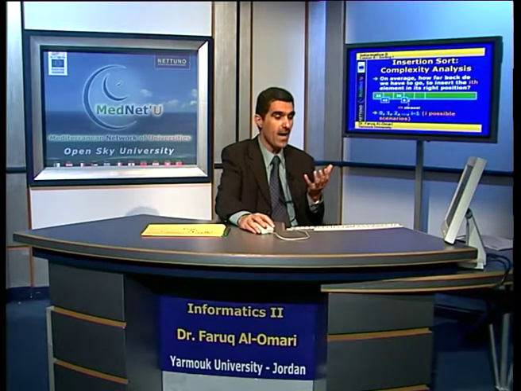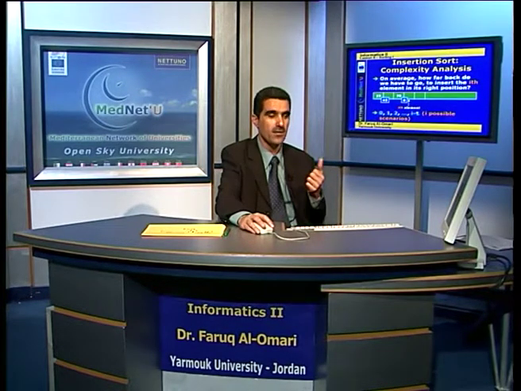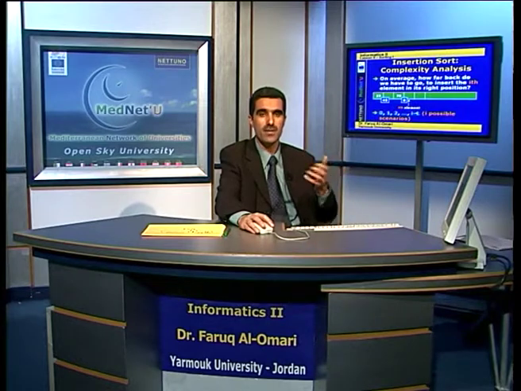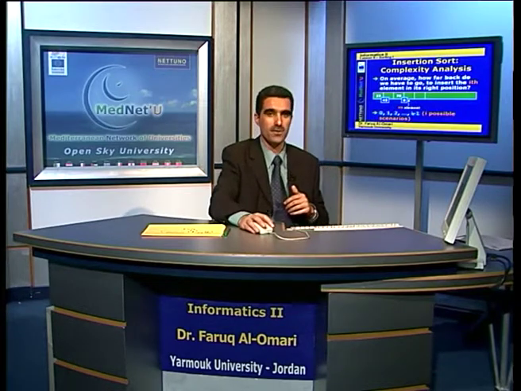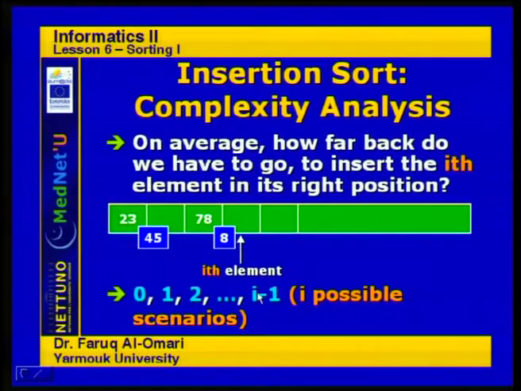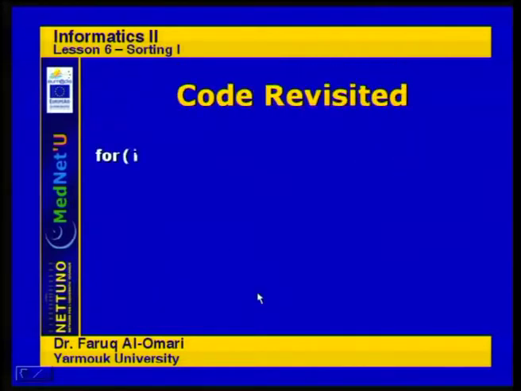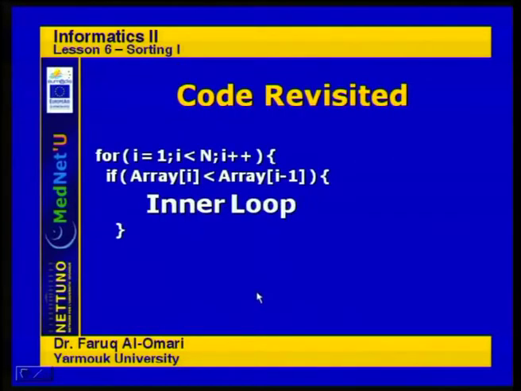So these are, in general, I possible scenarios: either 0, 1, 2, 3, and up to I minus 1. Okay? These are the possible scenarios. Well, here's what we're talking about. That's the main loop, the outer loop. I'm going around all elements.